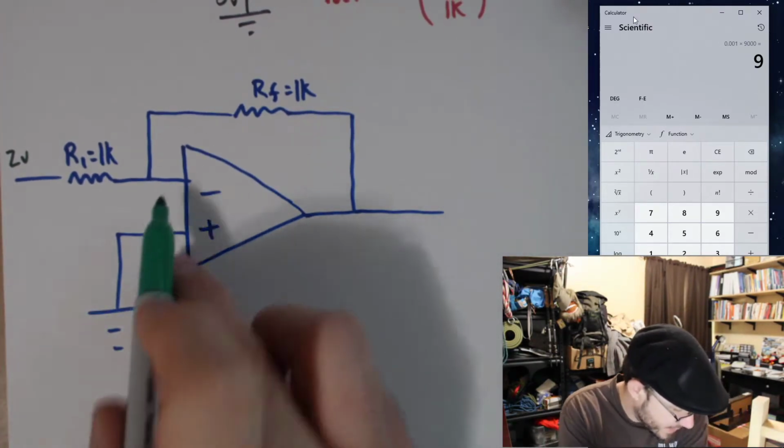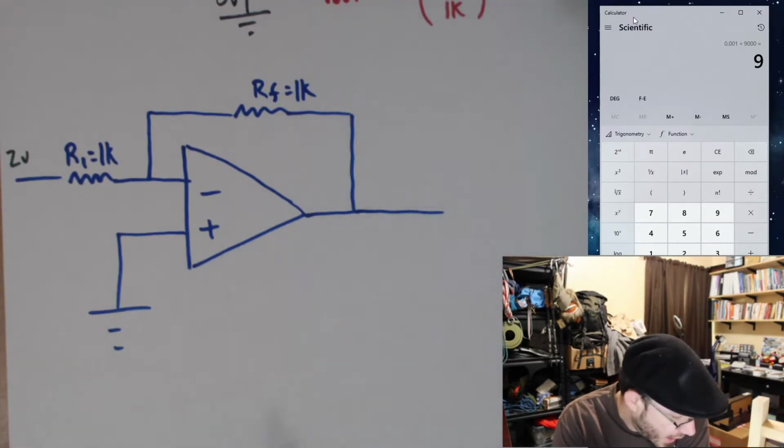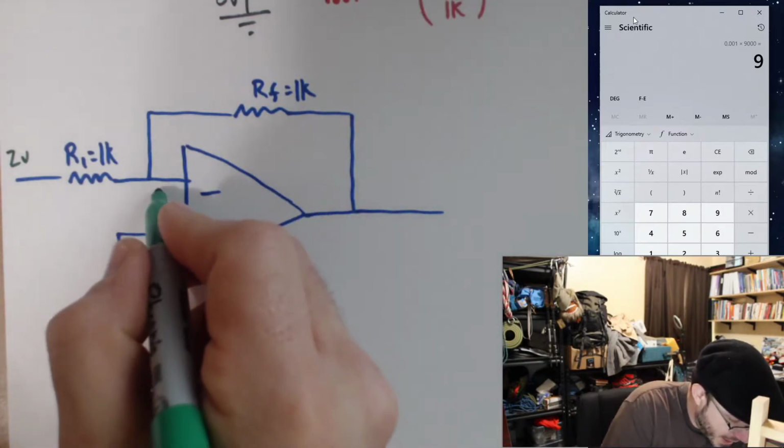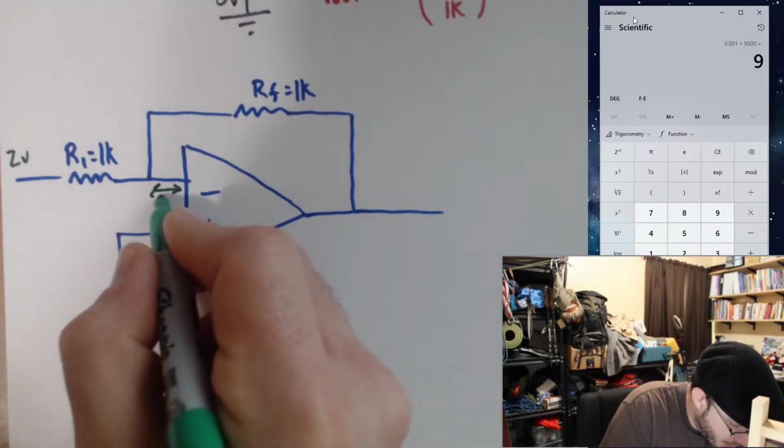Let's go ahead and analyze this. Okay, rule number 1, no current in or out. Does that help us right now? Not really, but it will help us in a minute.